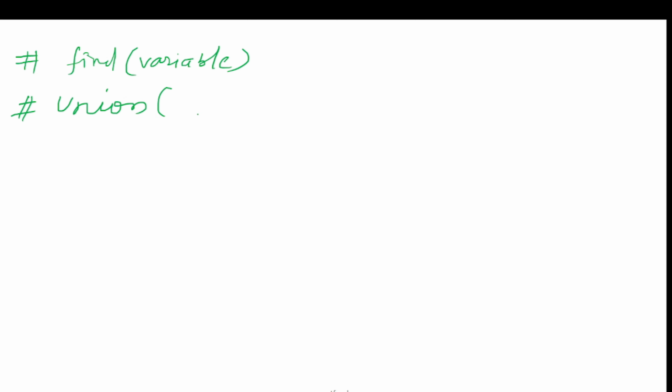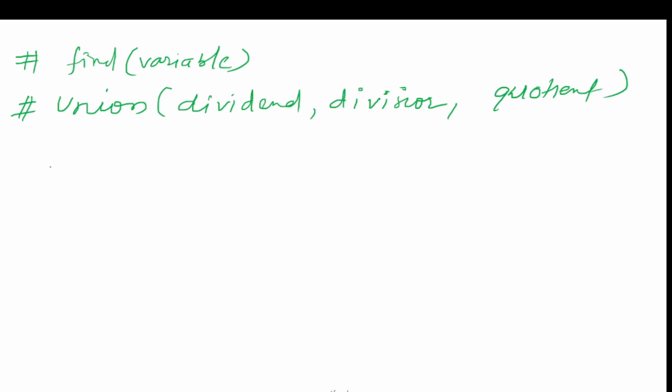So in the union function, we should use dividend, then divisor, quotient, right?